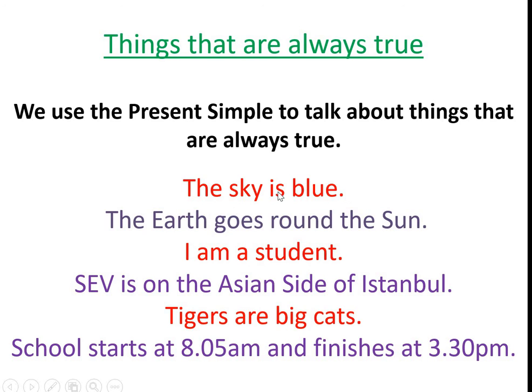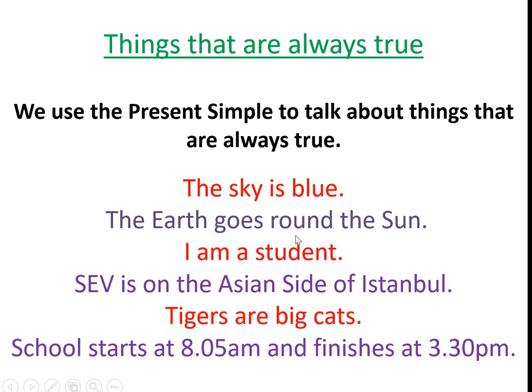Here, by the way, is is the main verb. It's not a helping verb. So we use S here. The sky is blue, is here is the main verb. It's not a helping verb. So be careful about this. Okay, we don't use is as a helping verb in the present simple.